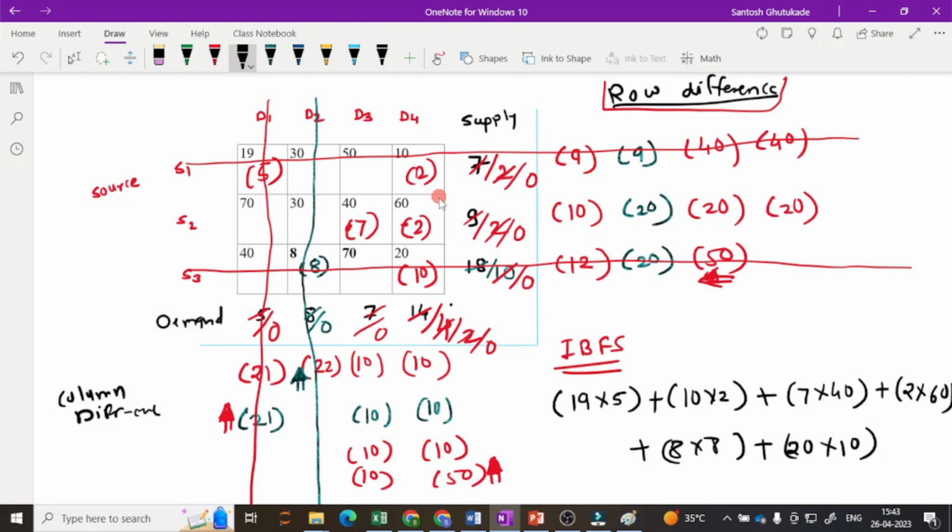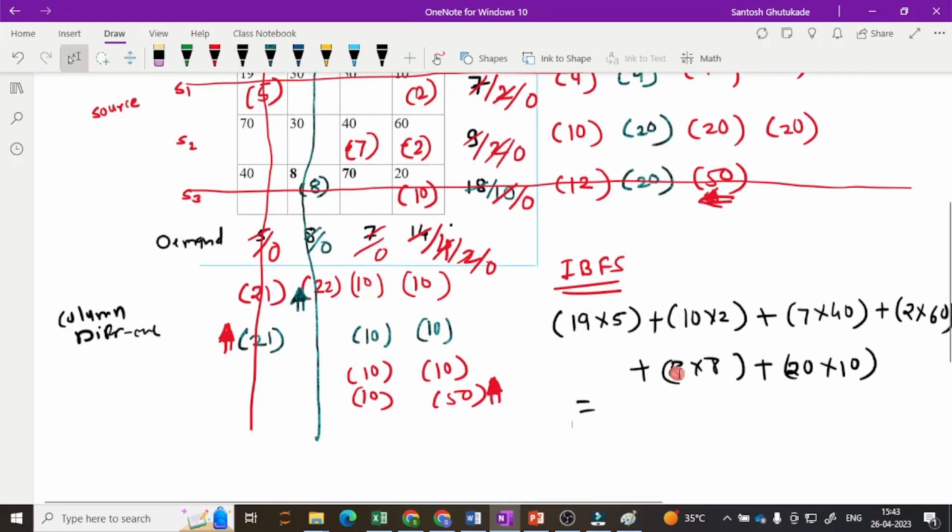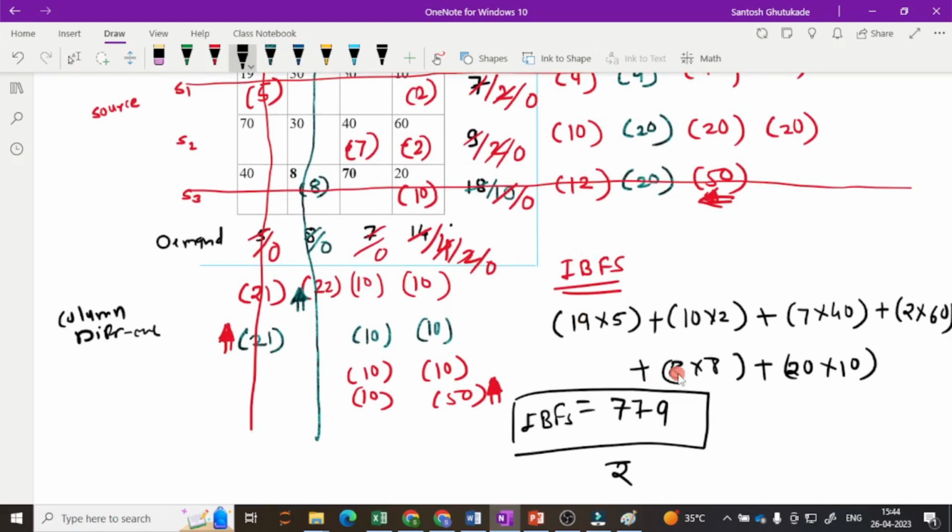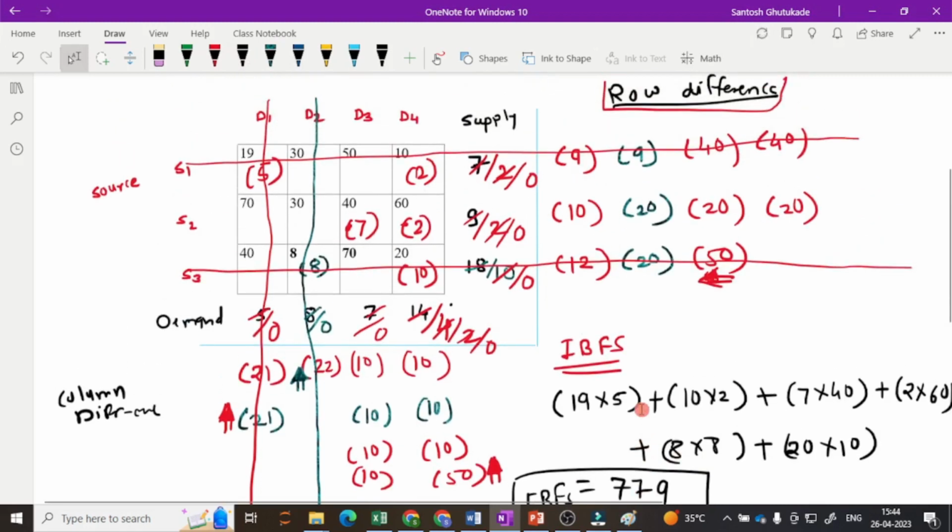So this is the total cost, and if you calculate this, the total cost is 779. So this is the initial basic feasible solution, that is 779 rupees. This is the final answer by the Vogel approximation method.